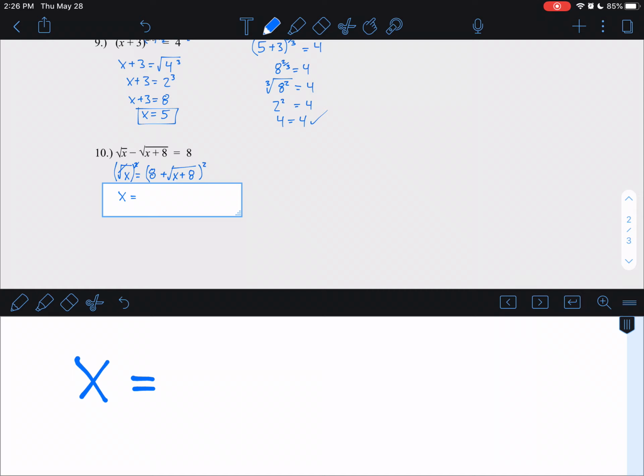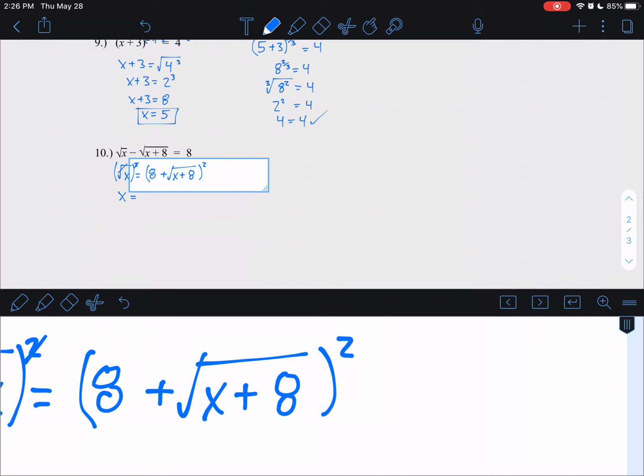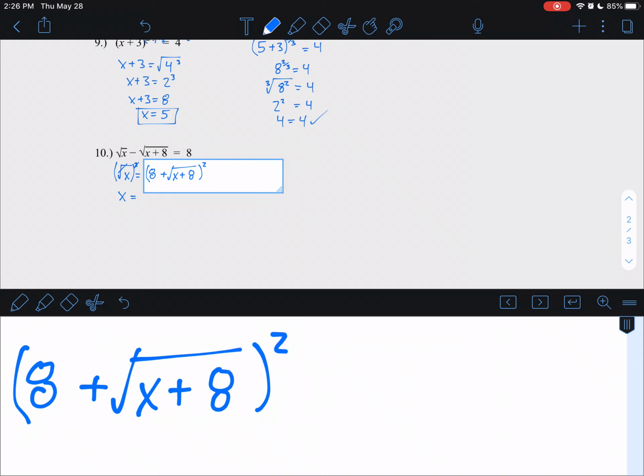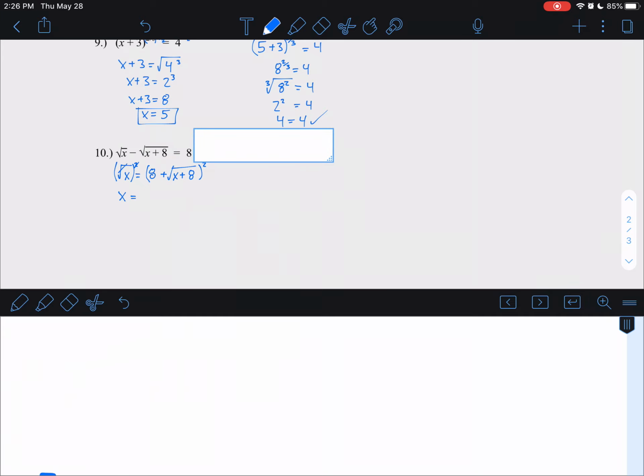And now I have x equals 8 plus the square root of x plus 8, squared. I'm going to replace that square root of x plus 8 with a new variable. This new variable will be n, and that equals the square root of x plus 8.